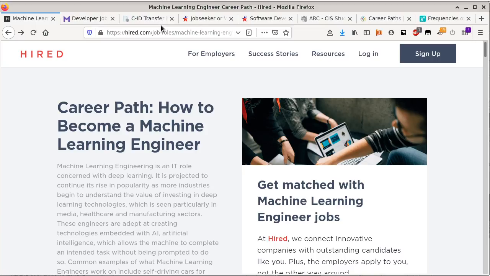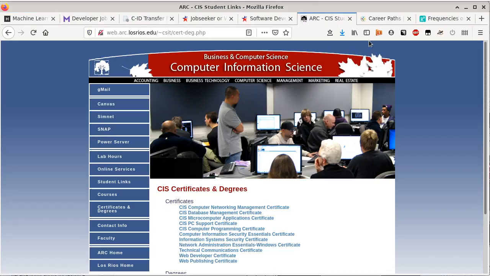So now what do we do? We look into the computer science, information science department, and we check out the programs. We check out certificates and degrees over here, and the only one that actually matches is not computer programming, because that one does not transfer.